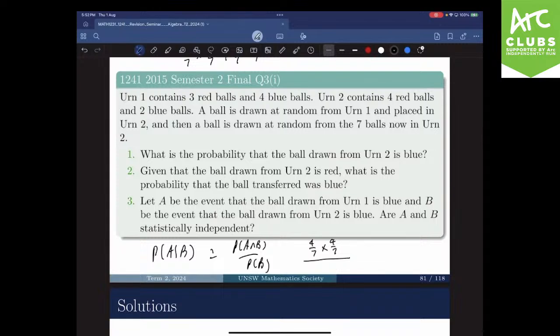Intuitively, at least, we would think that these two events are very dependent on each other, because drawing a blue ball from urn 1 is going to directly affect the probabilities of getting a blue from urn 2, because it increases the number of blue balls. But is there a mathematical way we can prove this statistical independence?